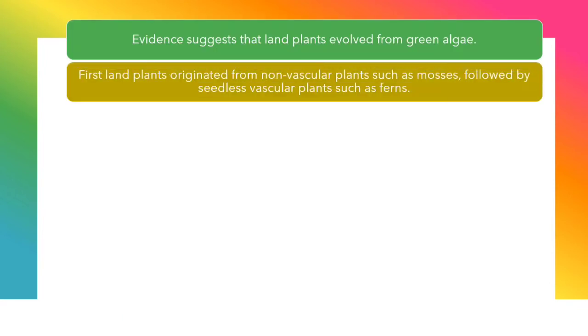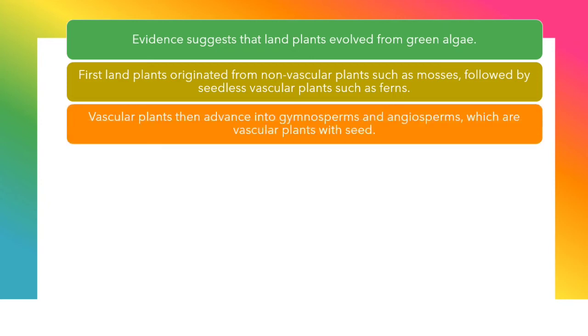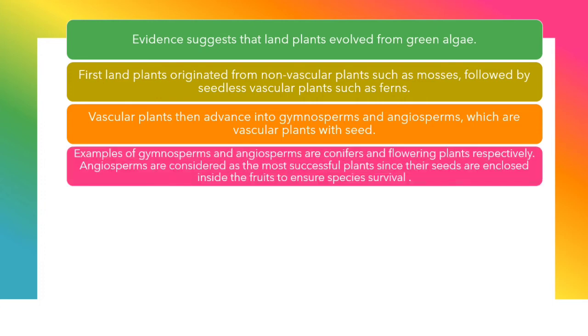Evidence suggests that land plants evolved from green algae. First, land plants originated from non-vascular plants such as mosses, followed by seedless vascular plants such as ferns. Vascular plants then advanced into gymnosperms and angiosperms, which are vascular plants with seeds. Examples of gymnosperms and angiosperms are conifers and flowering plants respectively.